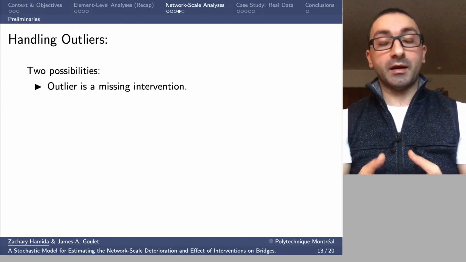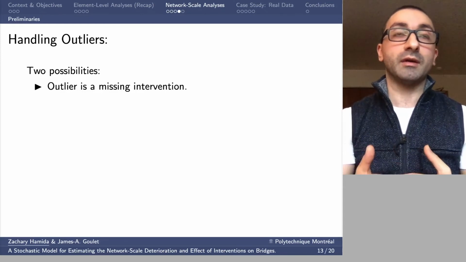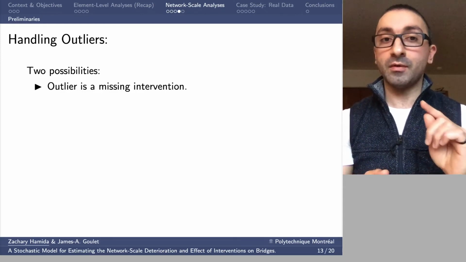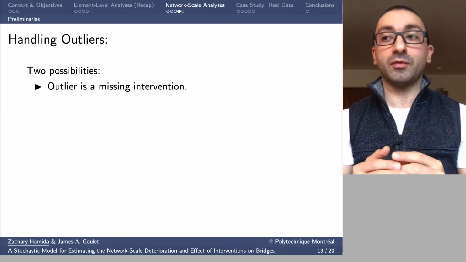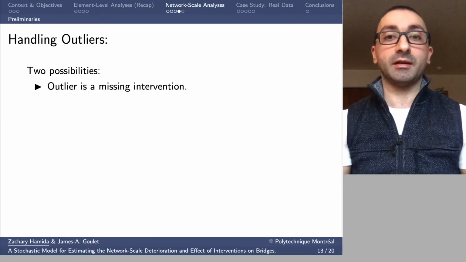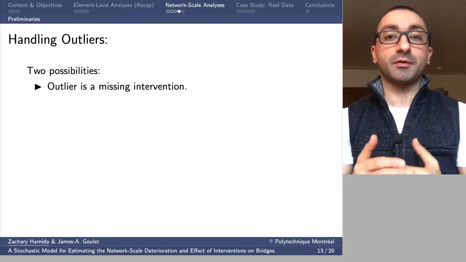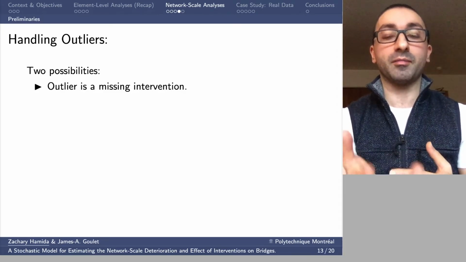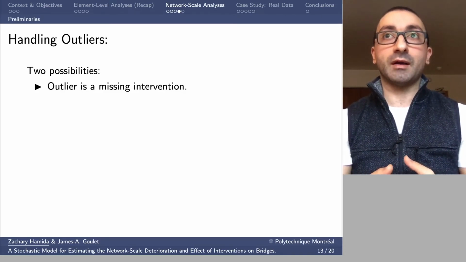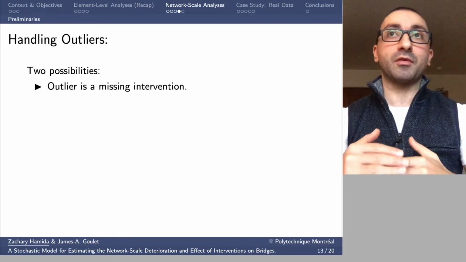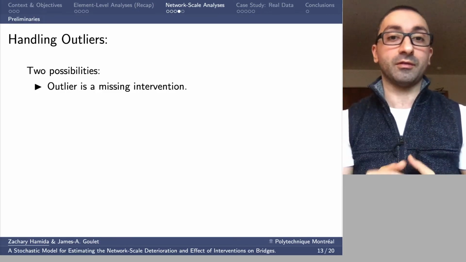Just to reiterate, for an observation to be classified as an outlier, there has to be a numerical instability in the model. Basically, the model can't perform the prediction because of the presence of such an observation. That's why we've defined it this way, and that could happen whenever we have a large jump in the observations.